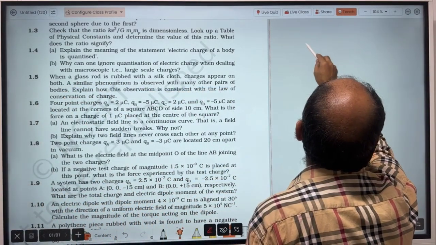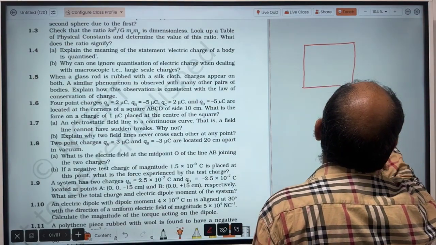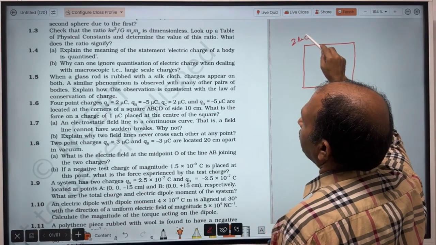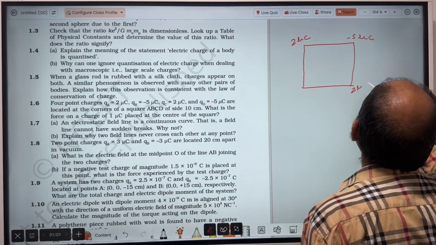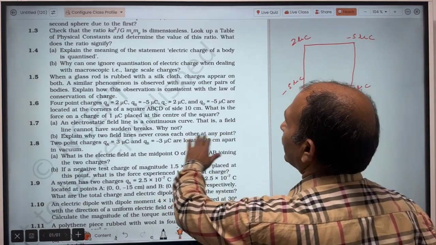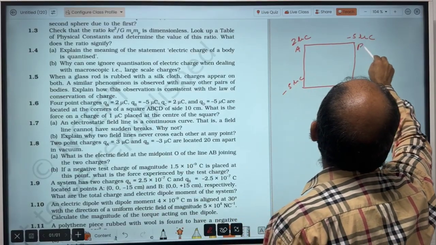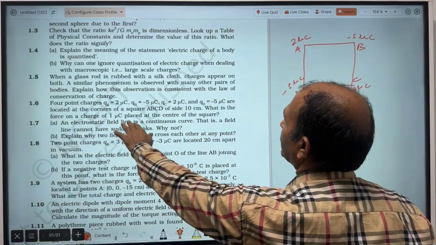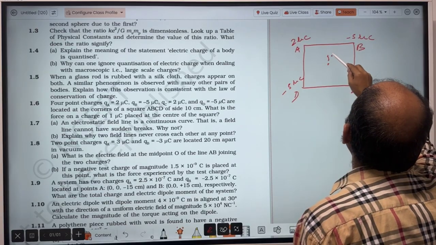You are given a square in which charges 2 microcoulomb, minus 5 microcoulomb, then 2 microcoulomb, then minus 5 microcoulomb are there. We can label ABCD here, A, B, C and D. What is the force on a charge of 1 microcoulomb placed at the center of the square? The 1 microcoulomb charge is placed here.